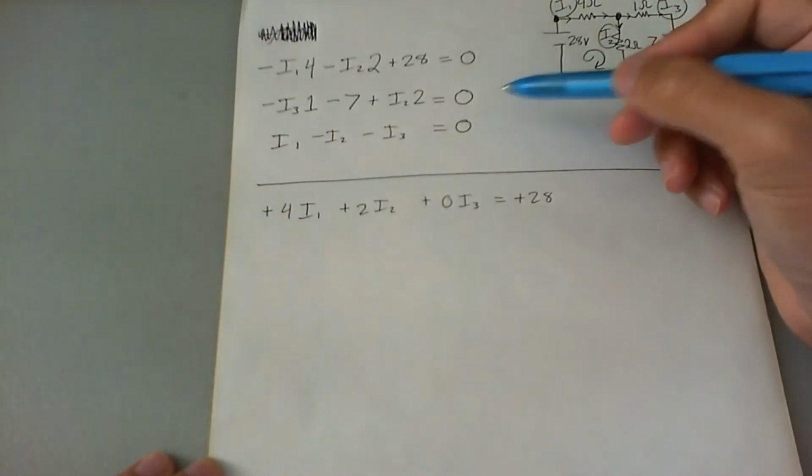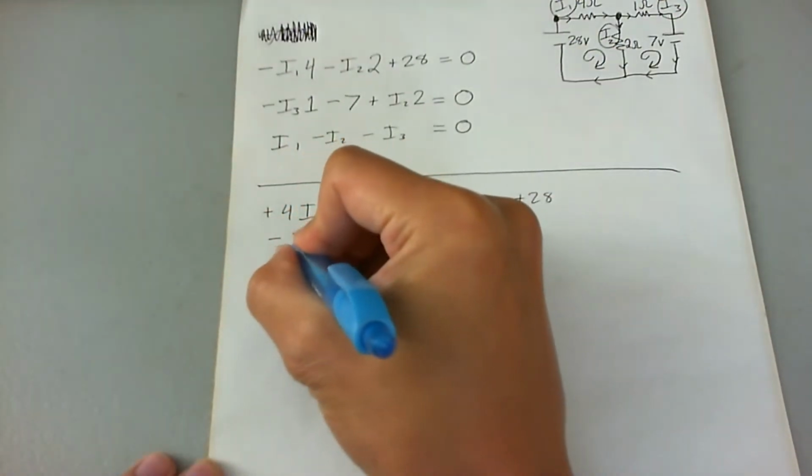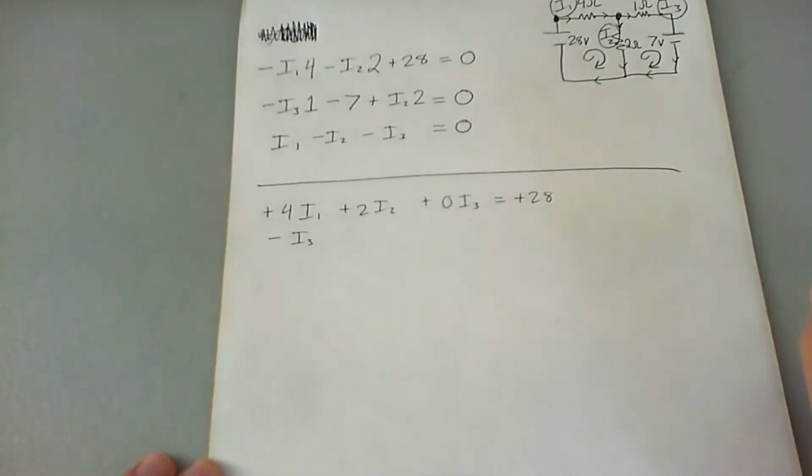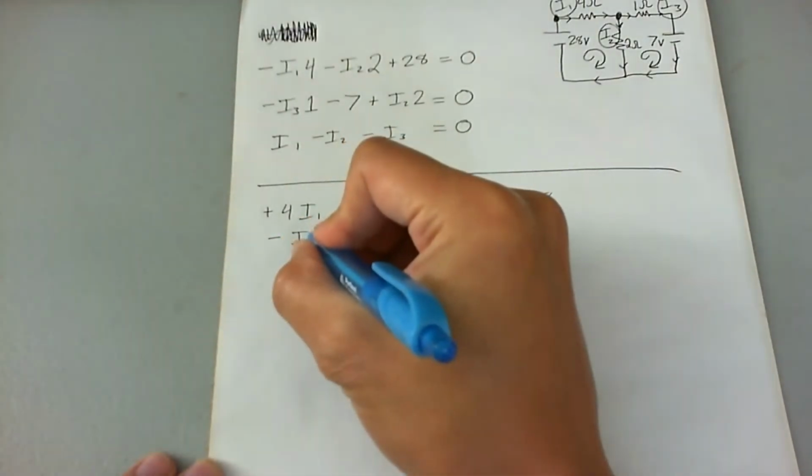For the second equation, I'm going to go ahead and do the same thing. Negative 1I3, plus, oh, I'm sorry.